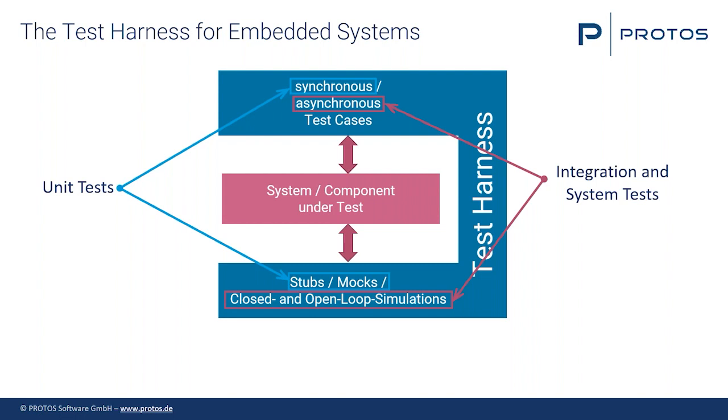You need a real closed or open loop simulation. So for example, if you have a motor control, you need a motor to be attached to the system in order to run. If not, the system fails immediately, and you do not even get to the point where you actually can test something. So you need asynchronous test cases and closed and open loop simulations. So you need more than just test cases to test a system.